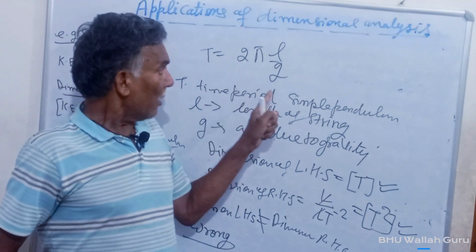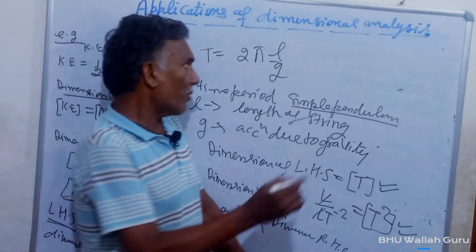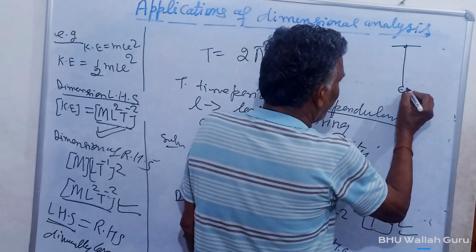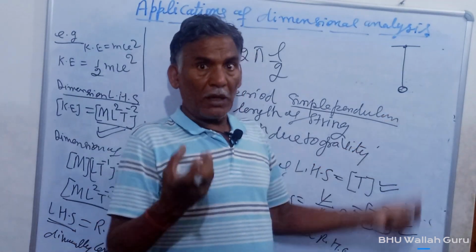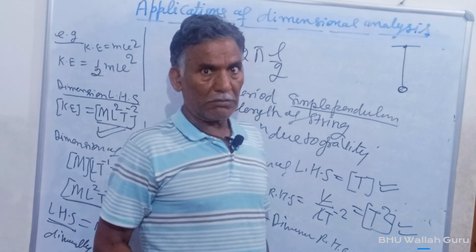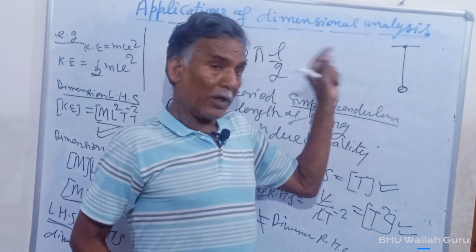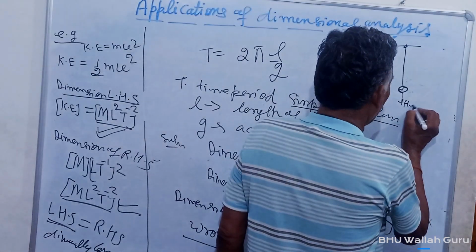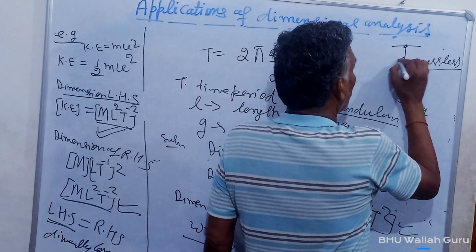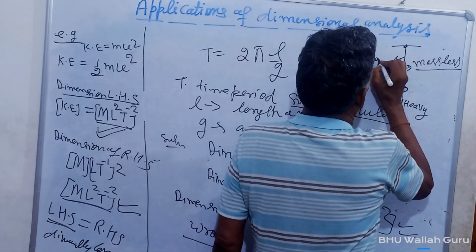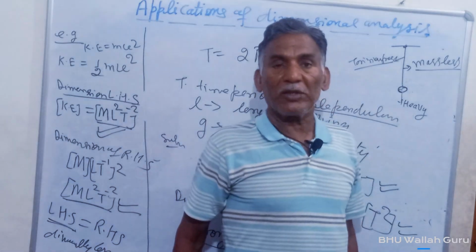But I think you are wondering what a simple pendulum is. In a simple pendulum, we select a heavy bob, of stainless steel or brass, on the smaller side, attached with a string or thread. The condition is that the bob must be heavy, and the string must be massless and torsion free. So this system is called the simple pendulum.